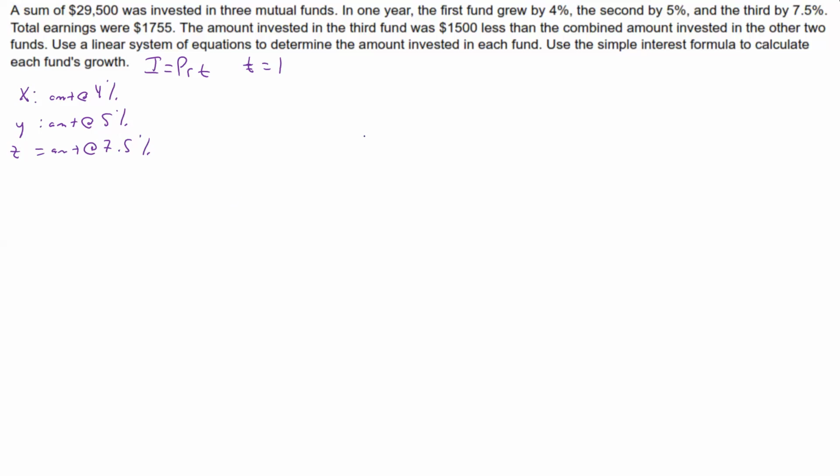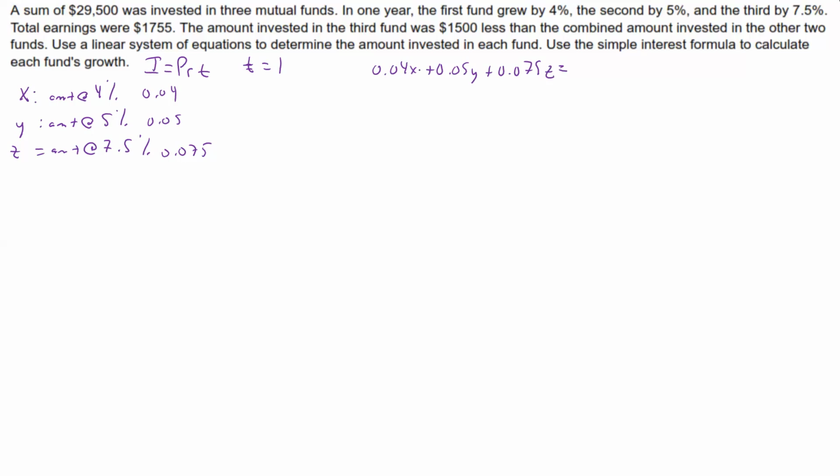For our first equation, we plug in the percentages and find our total. Remember, we can't use these as percents; we have to put them as decimals. So we're going to have 0.04x plus 0.05y plus 0.075z equals.